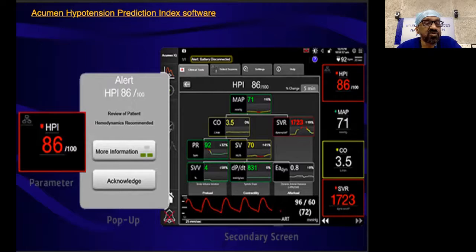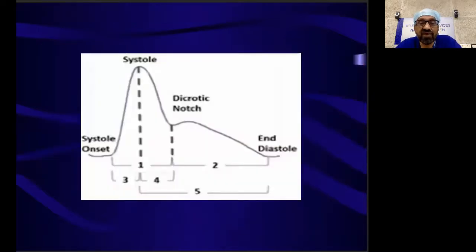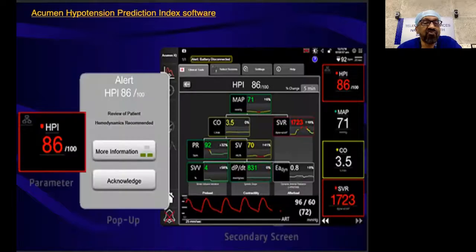And it is possible to prevent the hypotension when we exceed a value of 86 on the hypotension prediction index monitor.